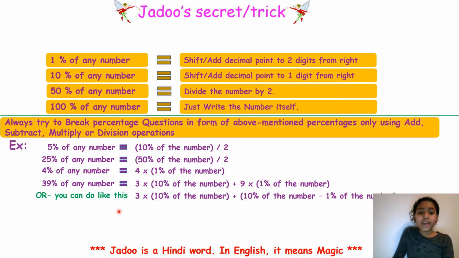Or you can do it like this: 3 times 10% of the number plus 10% of the number minus 1% of the number.